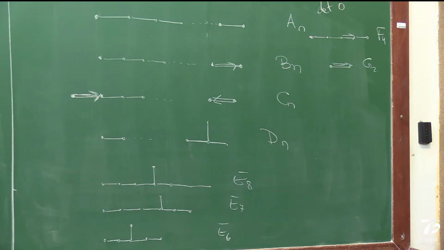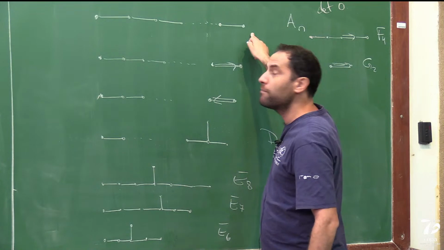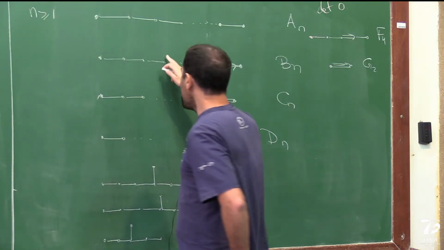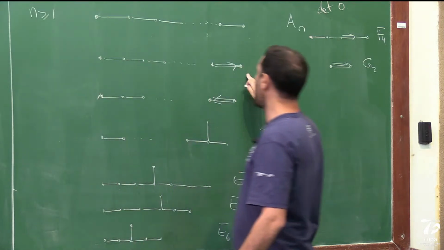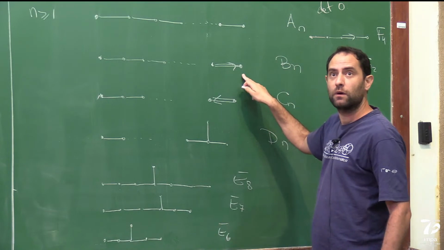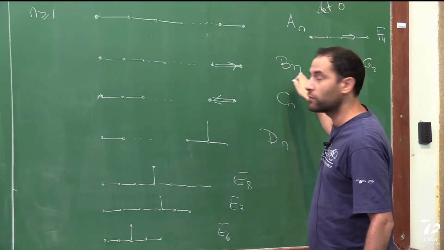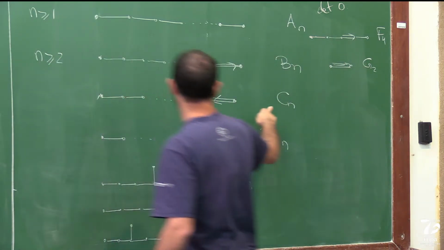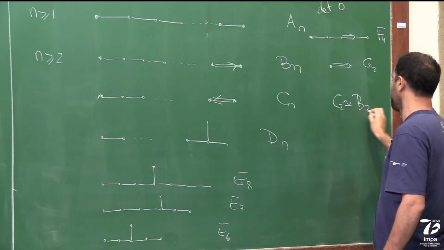So An exists, and we know that this is the Dynkin diagram of SL(n+1) for every n bigger or equal than 1. Now Bn and Cn, this one requires two different roots of different length, both of them. So they don't make any sense for n less or equal than 2. But what is clear is that C2 is isomorphic to B2.